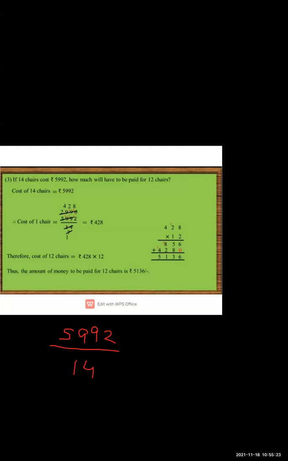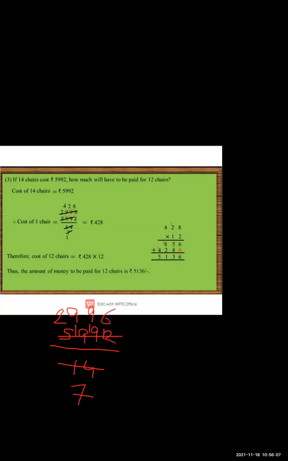It will be divisible by 2, so we will divide by 2 first. 2 sevens are 14. 2 twos are 4. 1 we carry here, it has become 19, but 19 is not in the table, so less than 19 is 2 nines are 18. 1 remains, so it became 19 again, 2 nines are 18, and again 1 remained, so it became 12, that is 2 sixes are 12.